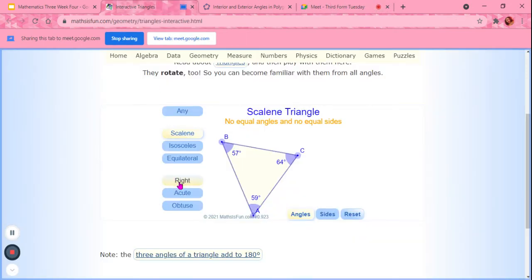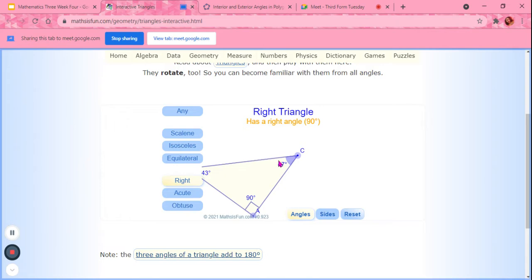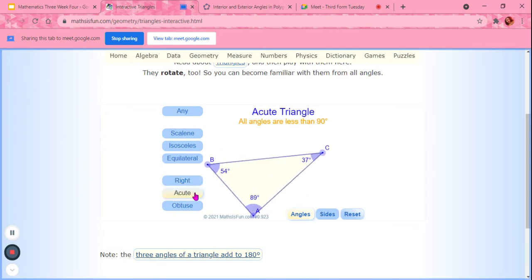Now, when you are classifying them by angle, you always have one that is a right angle triangle, has a right angle in it. So for a triangle to be right angle, it has to have 90 degrees, and then the other two could be whatever magnitude. For the acute, all three angles have to be less than 90 degrees.